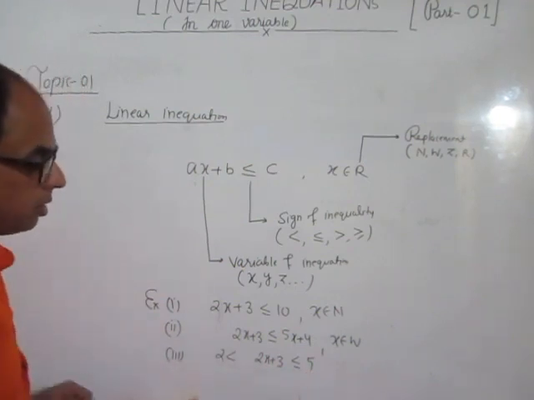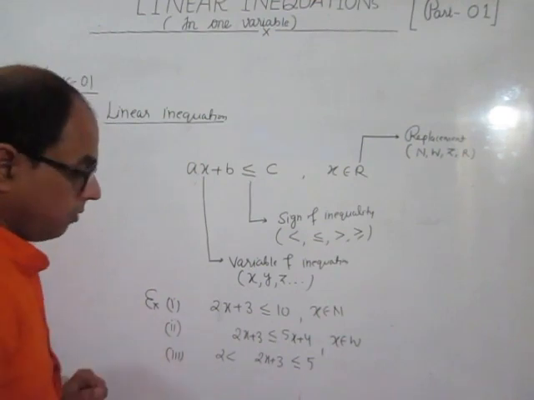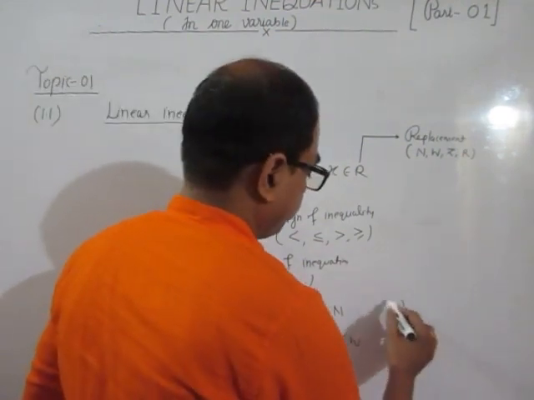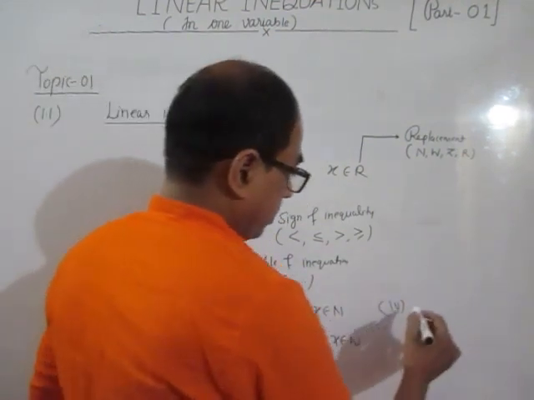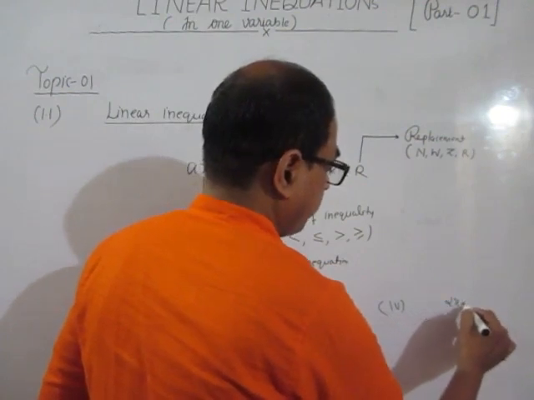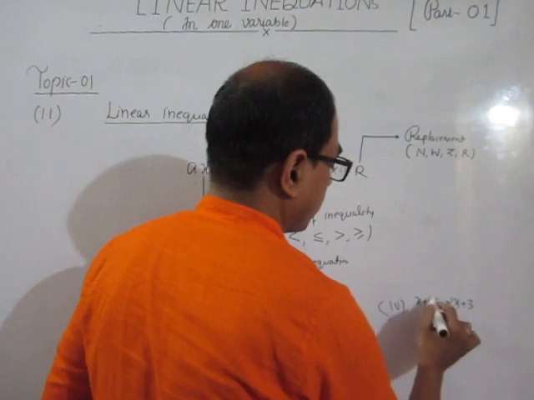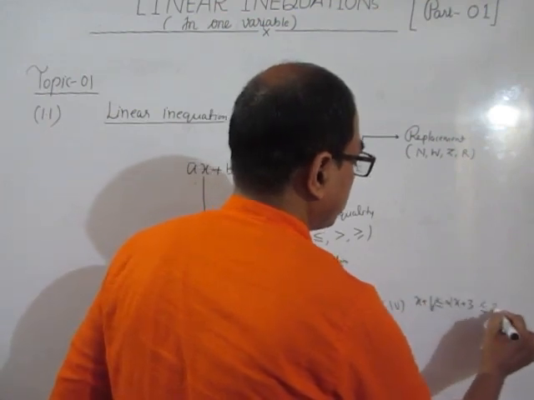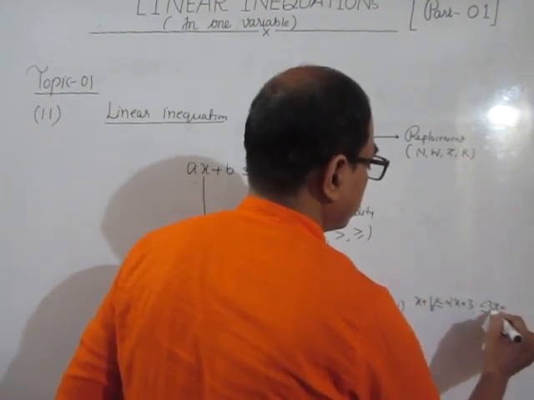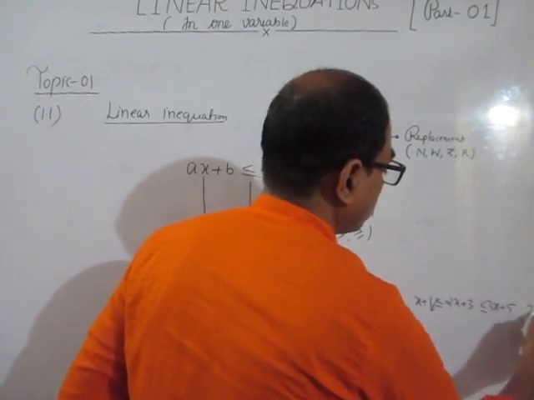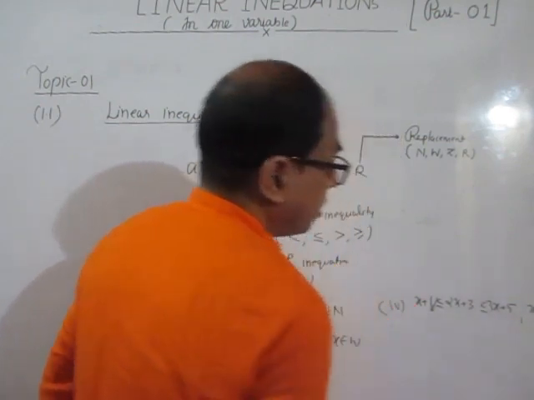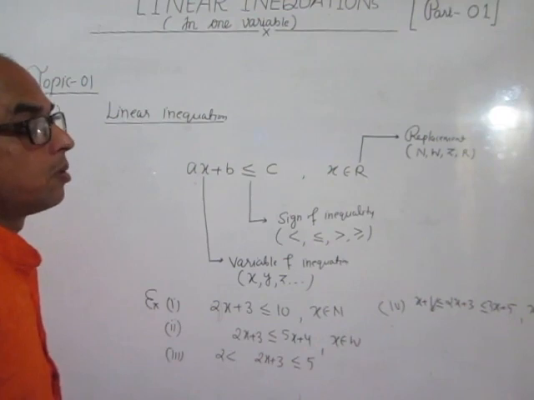Fourth, suppose I am writing 2x plus 3 is greater than x plus 1 and less than or equal to x plus 3x plus 5, where x belongs to real numbers. This is also an example of linear inequation.